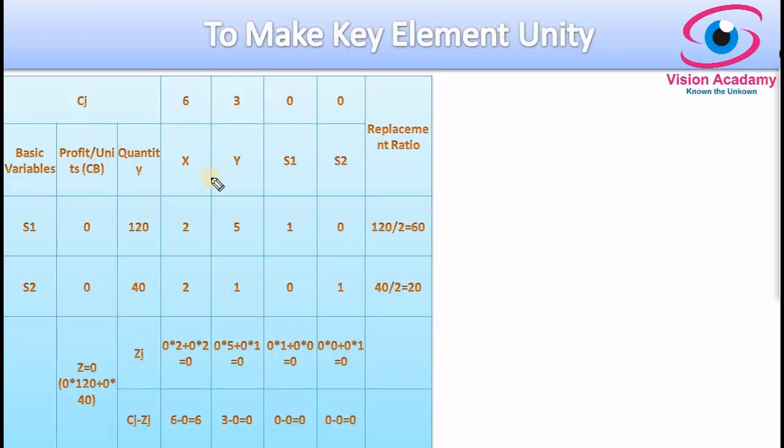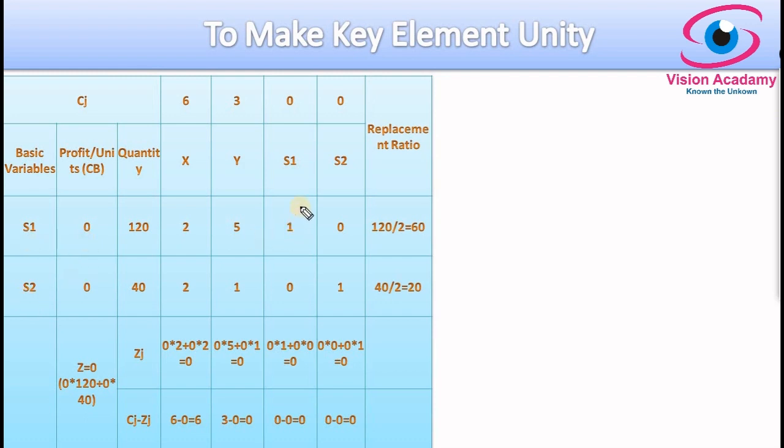Here I have just copied the initial table into this slide, to make a direct comparison. So we have to initiate the next iteration. Before initiating the next iteration, we have to look into the identity matrix. As we know, in the next iteration, S1 and X will be the basic variables.